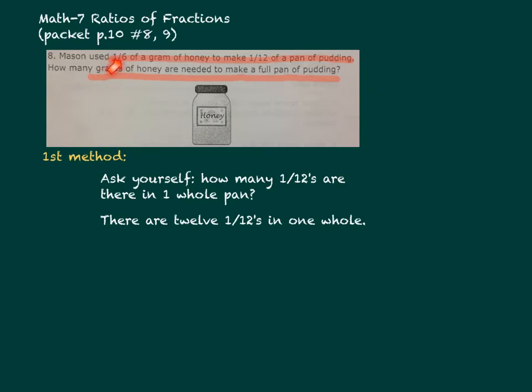If it takes 1/6 of a gram of honey to make 1/12 of a pan, and there are 12 1/12s in one whole, to find the answer, all you would need to do is 1/6 times 12.